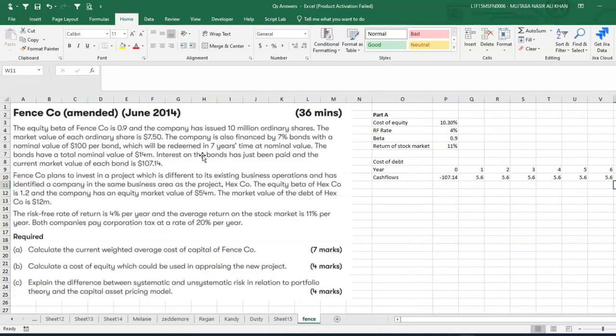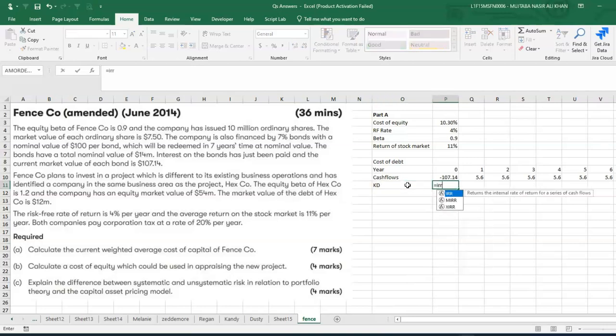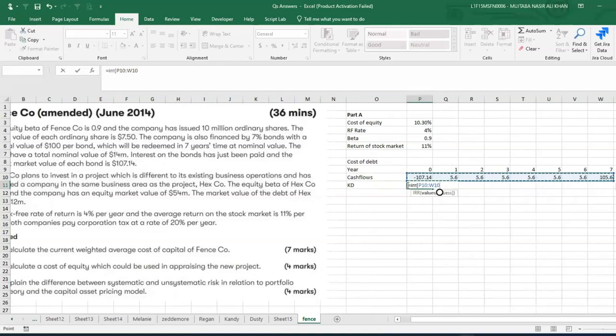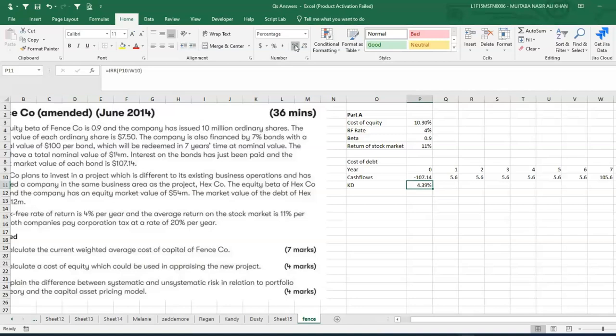Okay. Redeem in 7 years at nominal value. Now calculate its KD using the IRR method. You can also solve this using the typical annuity factor approach.